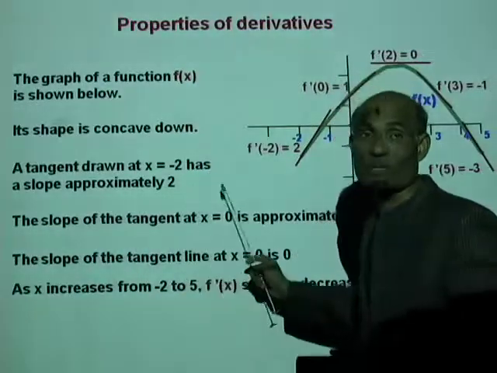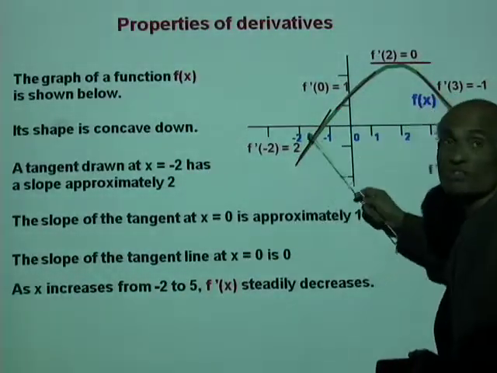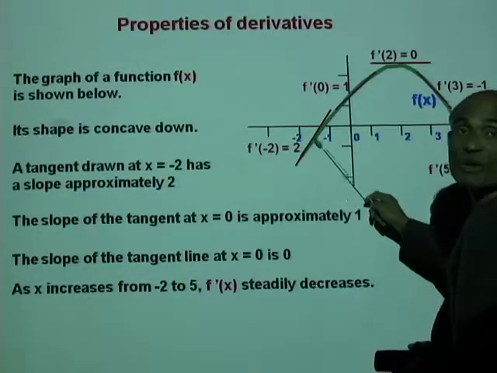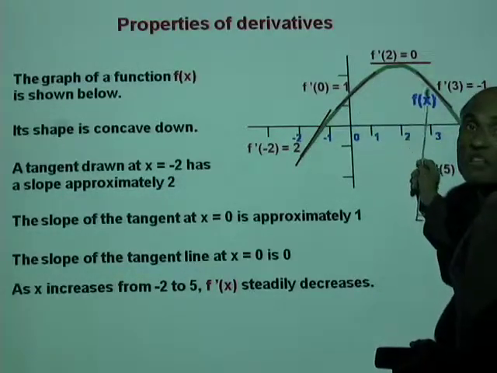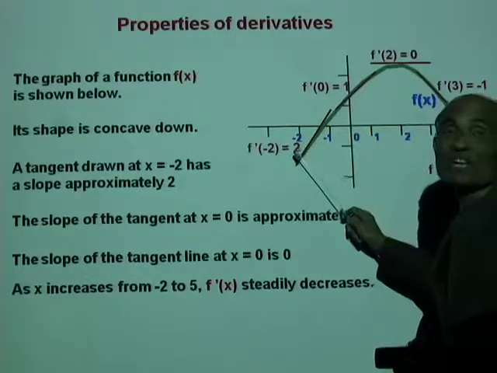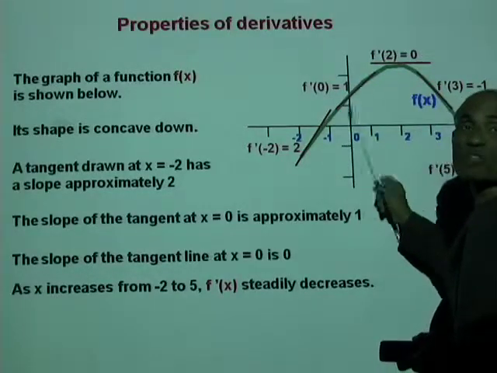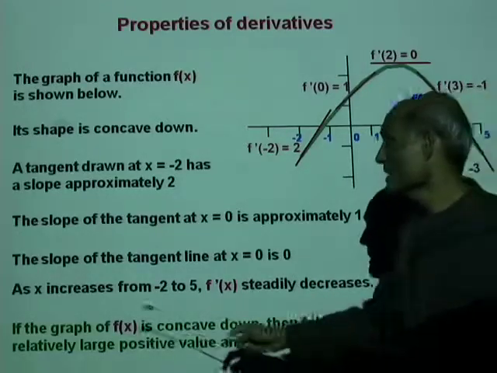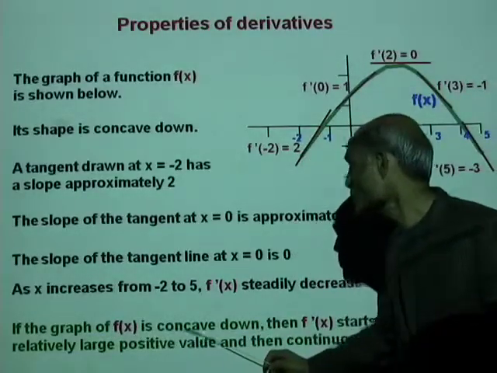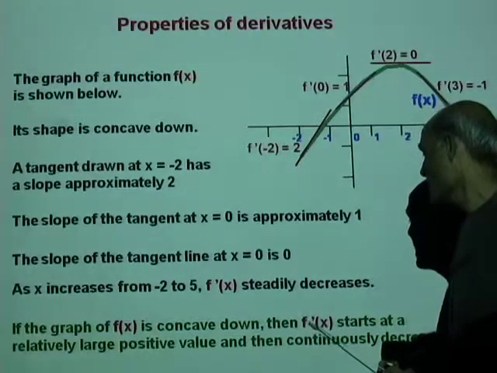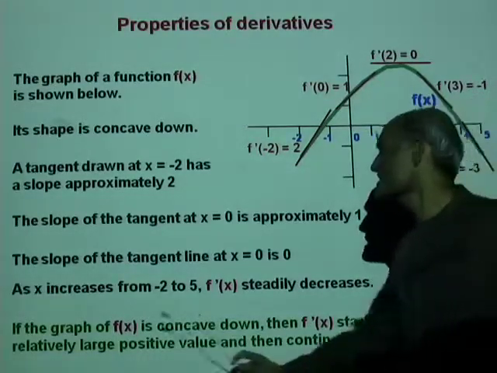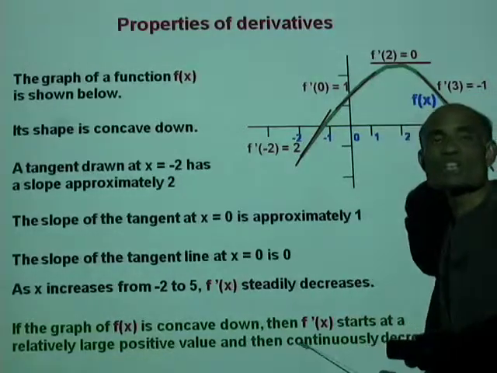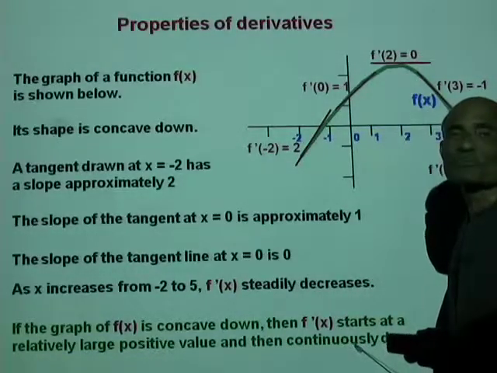Very important property. So in the interval where the function graph is concave down, the derivative of that function will be steadily decreasing. If the graph of f of x is concave down, then f prime x starts at a relatively large positive value and then continuously decreases.